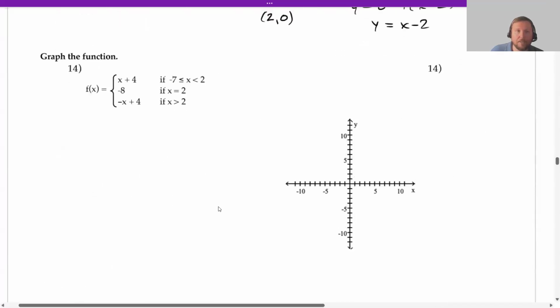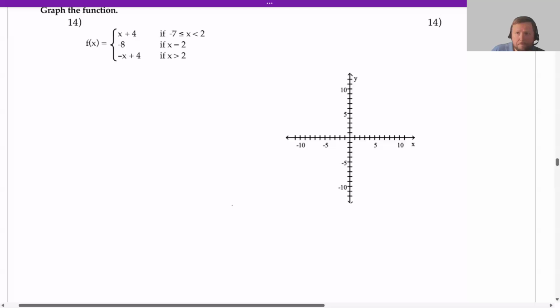Okay, graph the function. Let's see. So what you want to do with this is figure out what's happening at important places on this piecewise function.